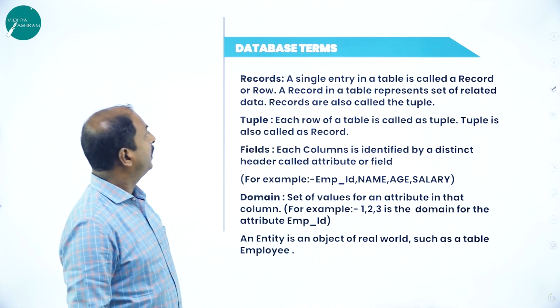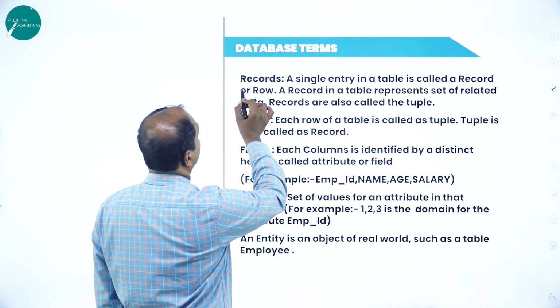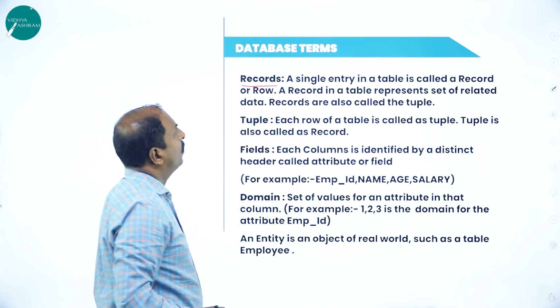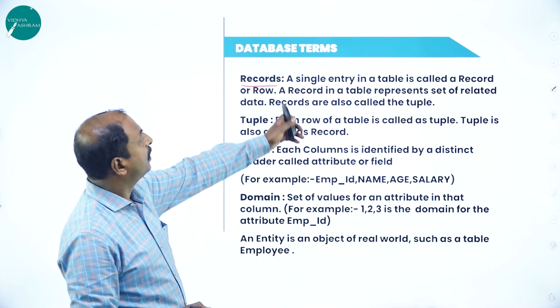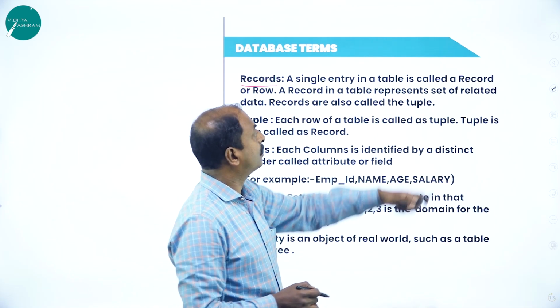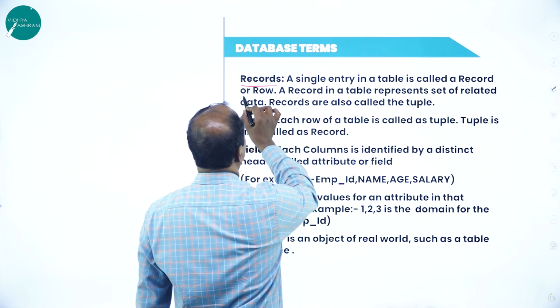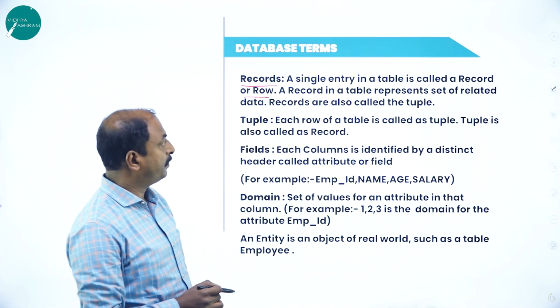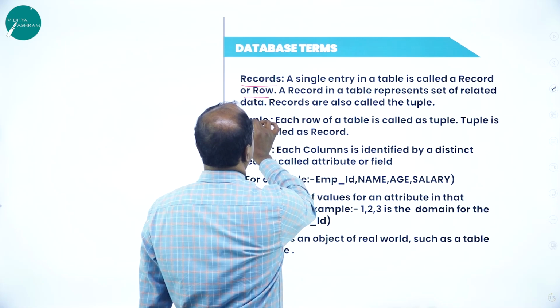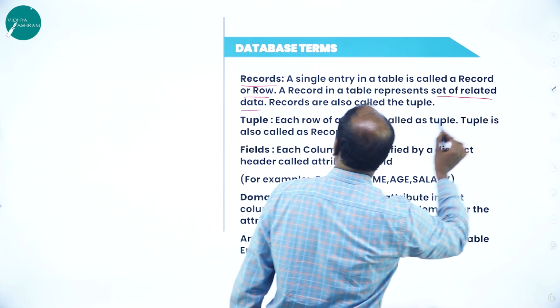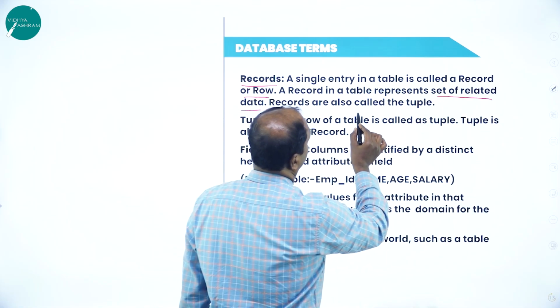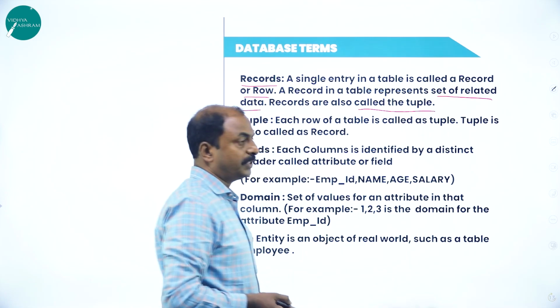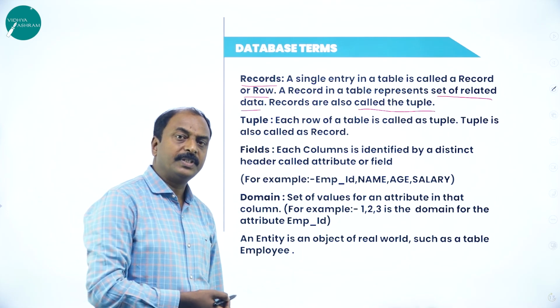Now let us see other technical terms. Records. What is a record? A single entry in a table is called a record, or it is a row. A record in a table represents a set of related data. Records are also called tuples. So this is what you have seen in our previous slide.